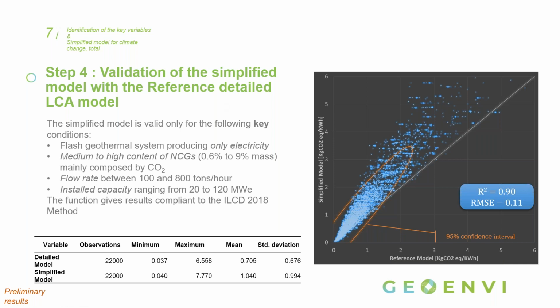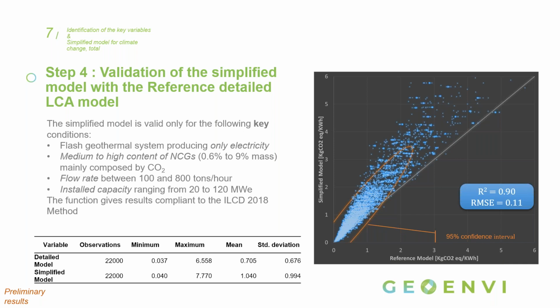The flash geothermal system needs to produce only electricity, because at the moment this model accounts only for electricity production with a medium to high content of non-condensable gas, so 0.6 to 9% in mass of non-condensable gas content, and these gases need to be composed mainly of carbon dioxide.